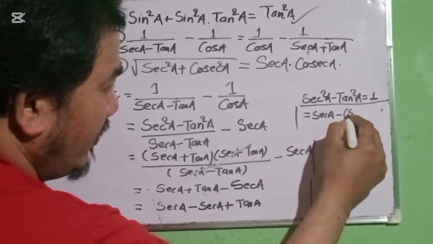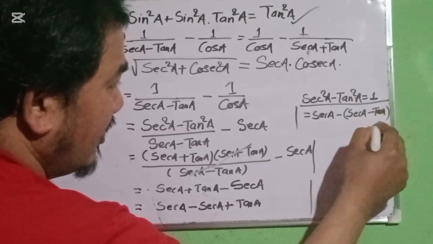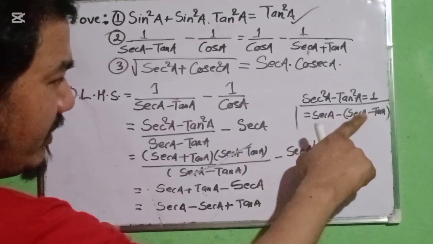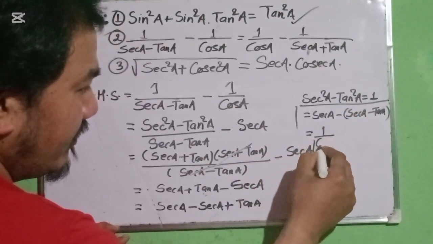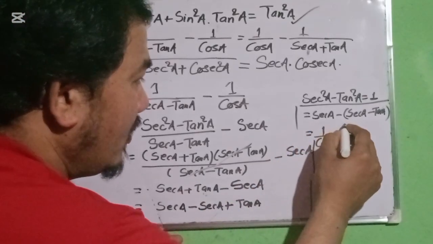Minus taken common, then sec A minus tan A will be left here, because in this plus there are two minuses, so if one minus goes common, then one minus is left. Now let's write here 1 by cos A. Then here what will be, look here?